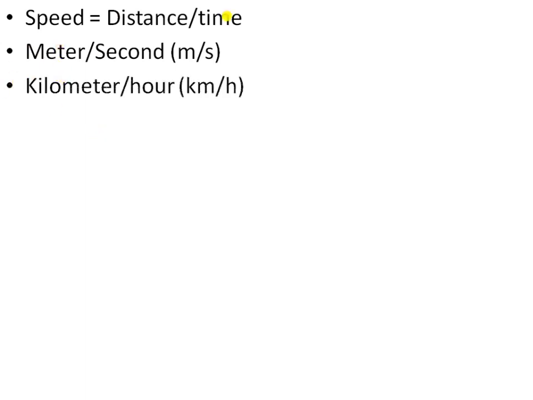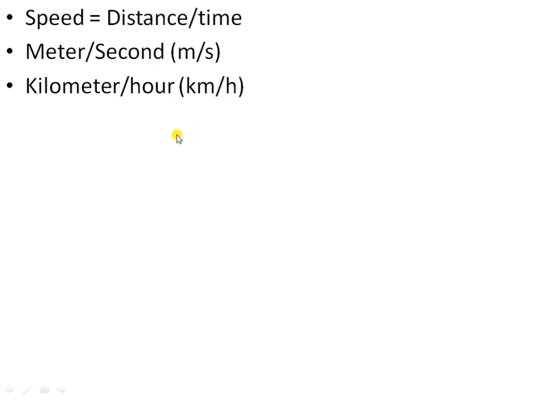We can measure the speed in kilometer per hour only when the object covers a large distance over a number of hours. For example, when the airplane covers hundreds of kilometers in a few hours, the speed of an airplane is expressed in kilometer per hour.